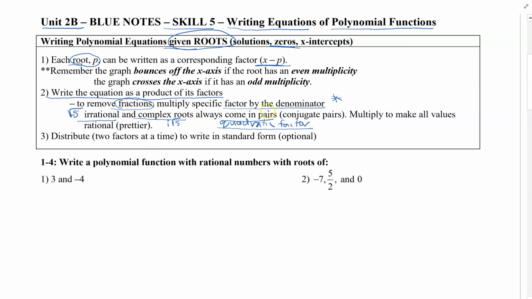So they also come in pairs because they always come in like plus or minus square root pairs. So we will have to make a note of that and multiply those back together to make sure that we created a quadratic factor.